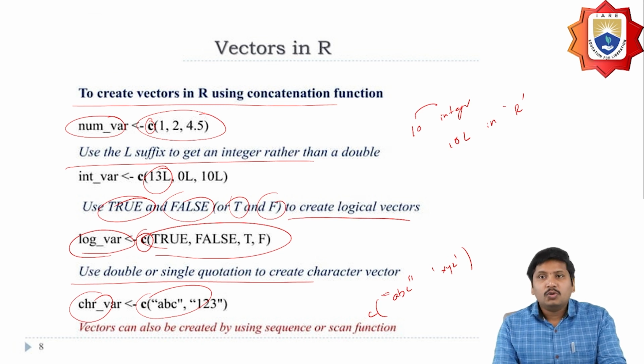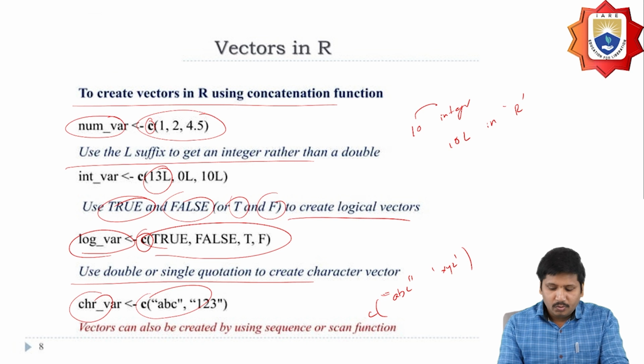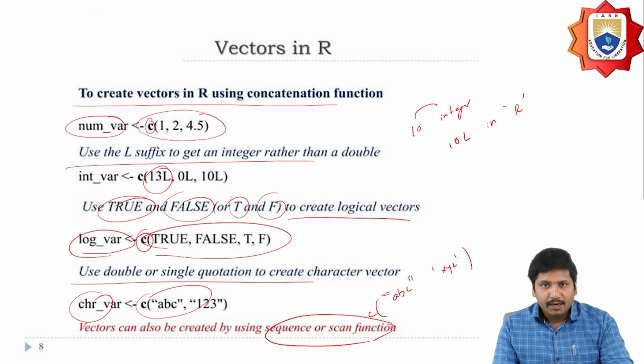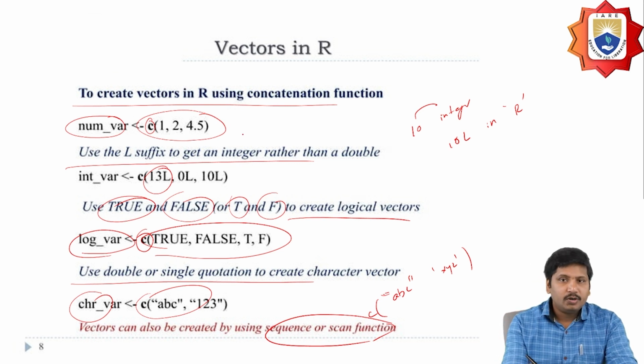Vectors can also be created by making use of the seq function or the scan function as well. Suppose the vectors are created by making use of the concatenation function, the c function. First of all, you have to create a numeric vector, that is c(1, 2, 3, 4, 5).